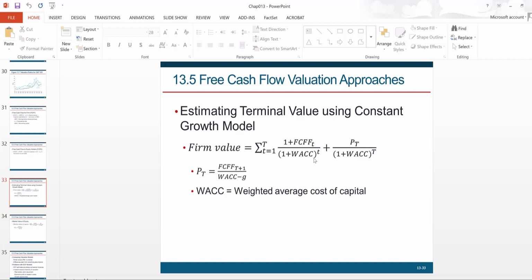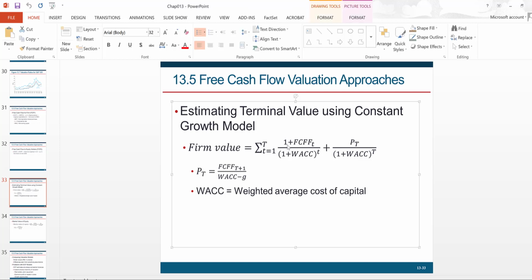So the way this model is written over here, it is basically assuming multi-stage growth, right? But essentially what we are doing here is taking the present value of future cash flows at an appropriate discount rate. And by the way, there is a typo here. This should not be 1 plus FCFF, it should be just FCFF. So ignore this one here. That's a typo. So you are taking the future free cash flows and discounting them at an appropriate discount rate.